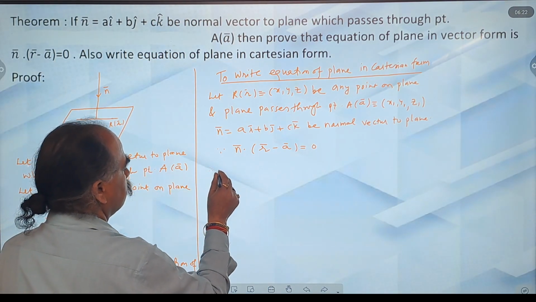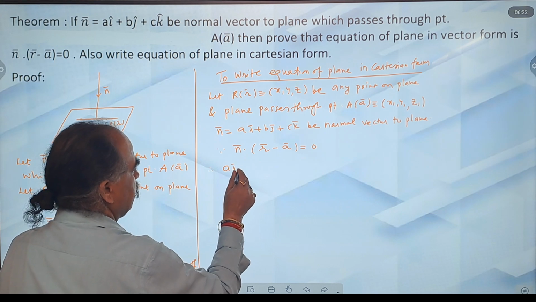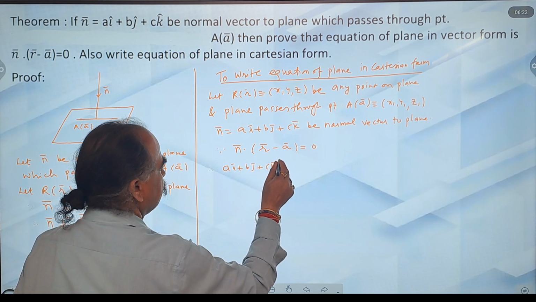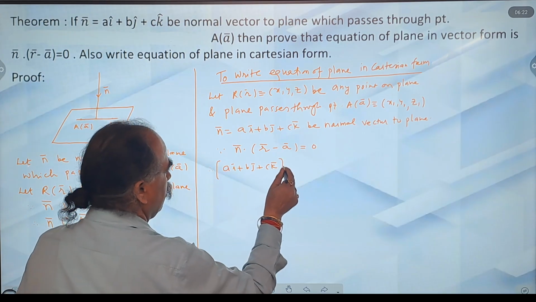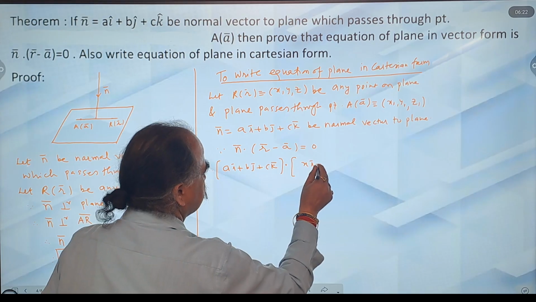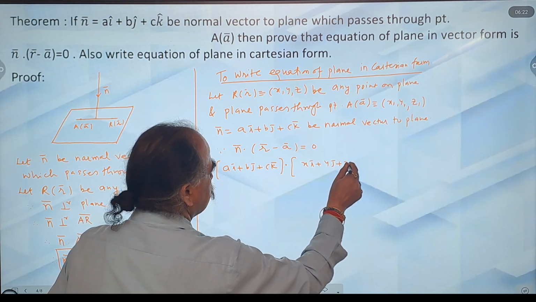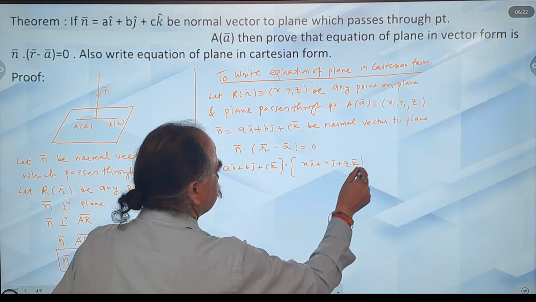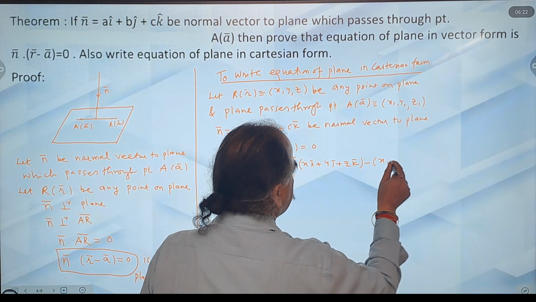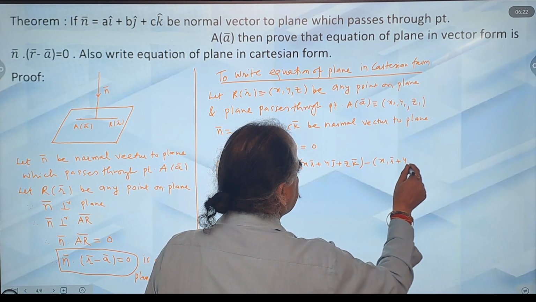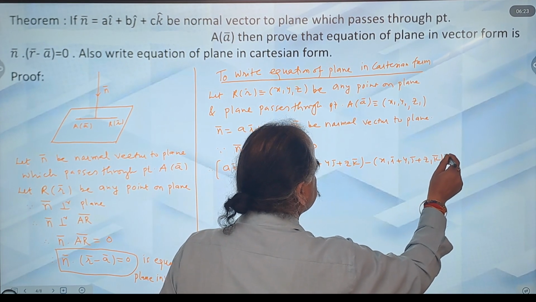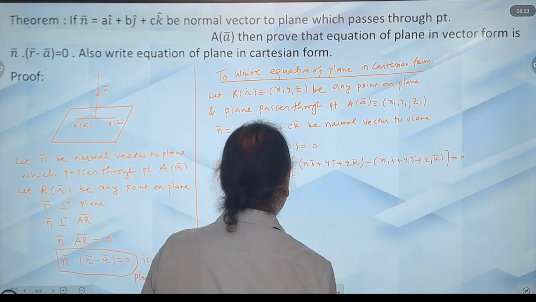Therefore, AI plus BJ plus CK dot r bar, which is Xi plus yj plus zk bar, minus x1i plus y1j plus z1k bar, is equal to 0.